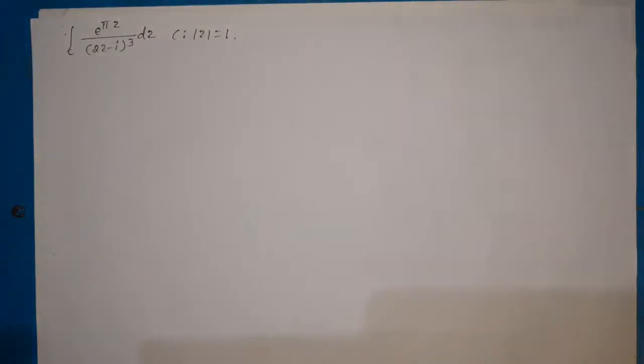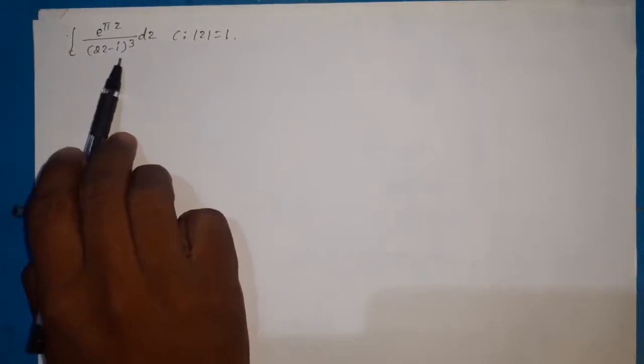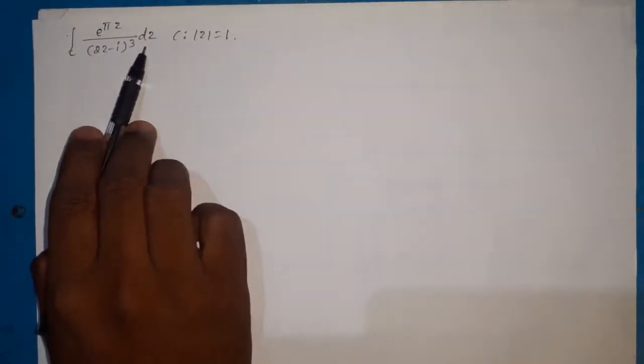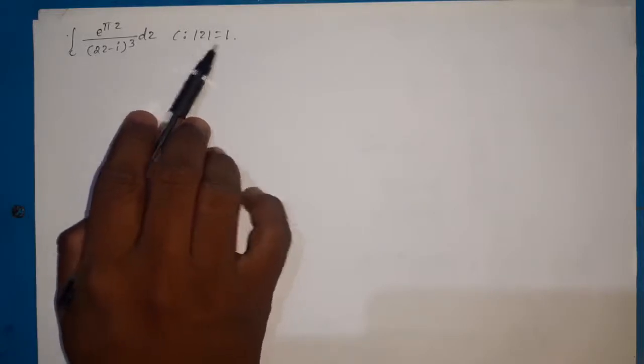The next example is integration over C of e power pi z divided by (2z minus i) whole cube dz, such that C is the circle mod z equal to 1.